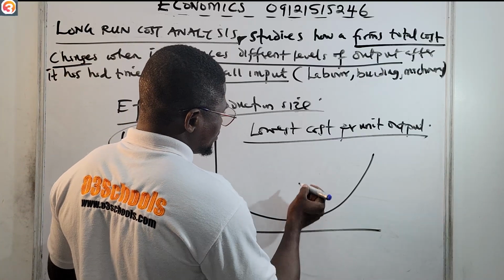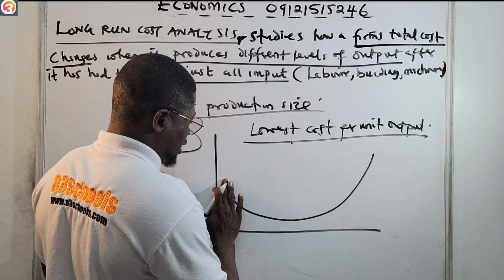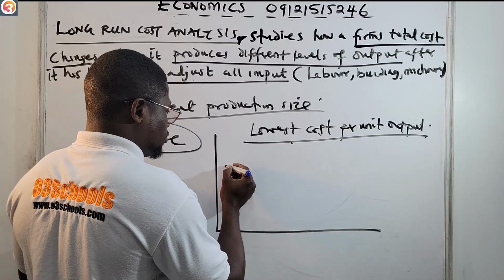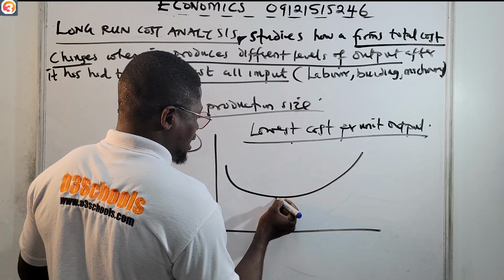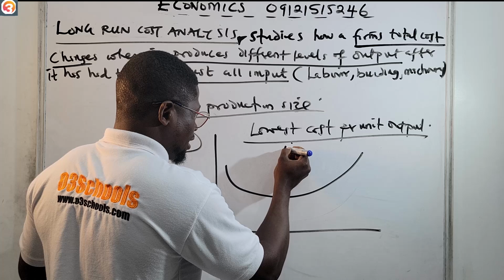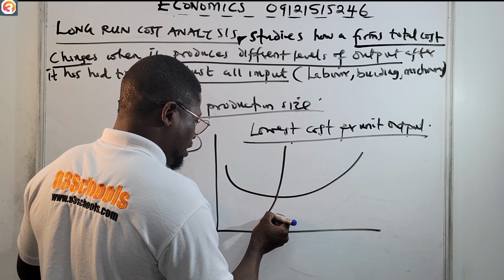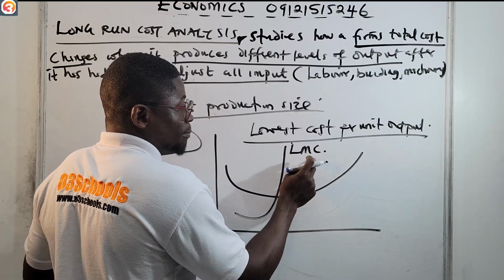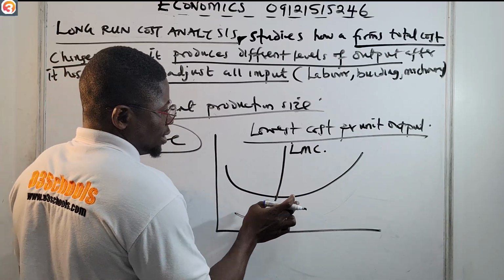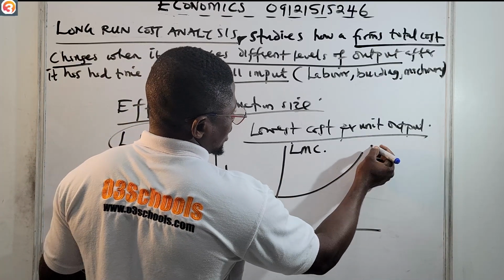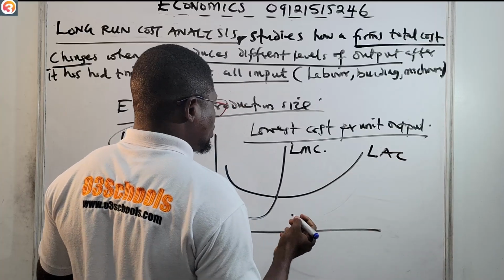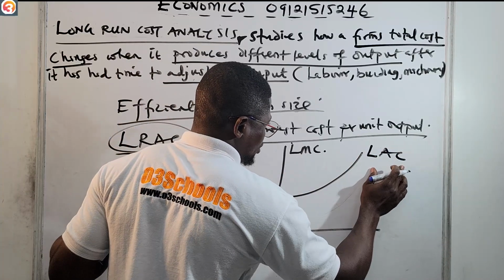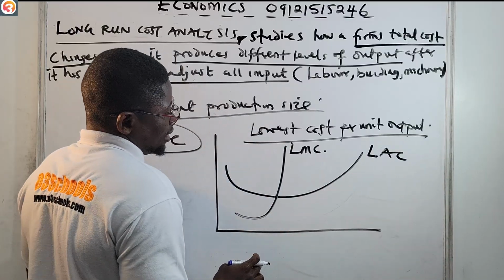Also cutting across it, let me take this higher up, is the LMC, the long run marginal cost curve, cutting the LRAC at its minimum point. This is our long run marginal cost curve, and this is our long run average cost curve.